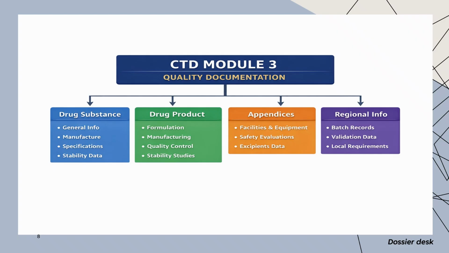Finally, the regional information section includes country-specific requirements. These may include executed batch records, process validation data, additional documentation required by individual regulatory authorities.